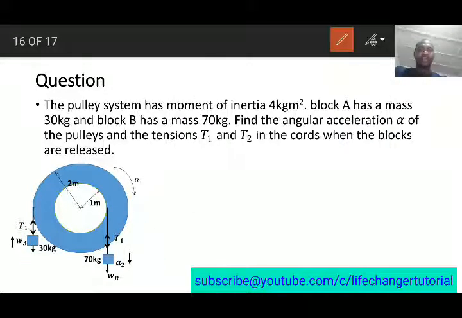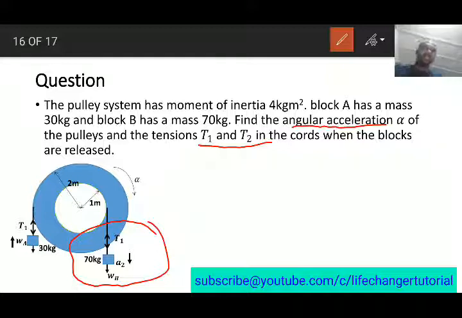Remember, in this question we're asked to find the angular acceleration alpha of the pulley and the tensions T1 and T2. Now this is quite easy, though it's going to take us quite some work. Consider the mass B, let me write that WB.